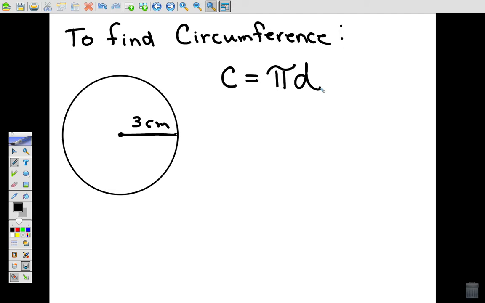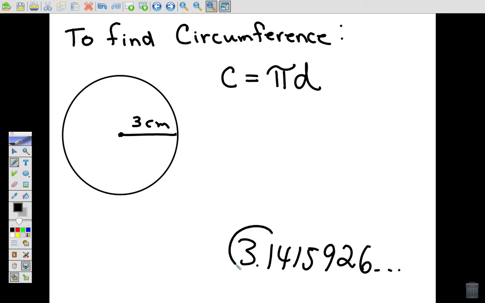Pi is actually a long drawn-out decimal, and it keeps on going and going and going. Usually we use 3.14. I'm going to use this approximately equal sign: pi is about 3.14. We're not going to use that whole drawn-out decimal.